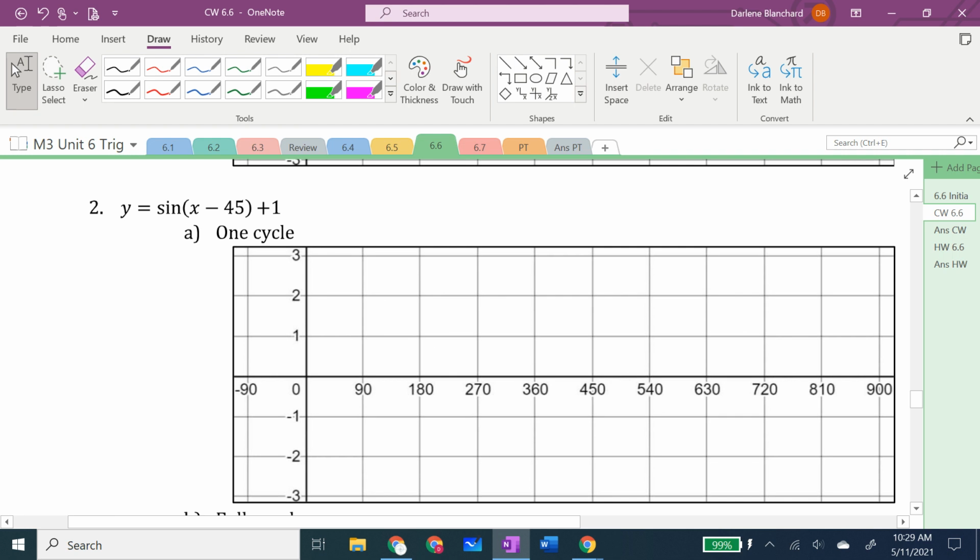Back to sine again. This time I have only addition and subtraction. When I see x minus 45, I'm going to actually add 45 to all of my x's.